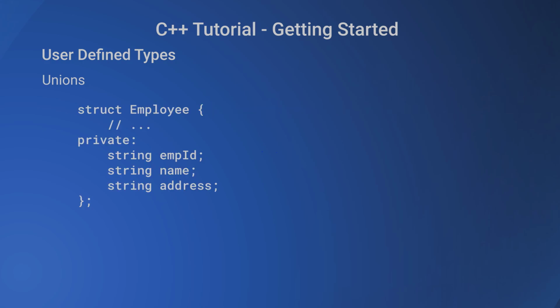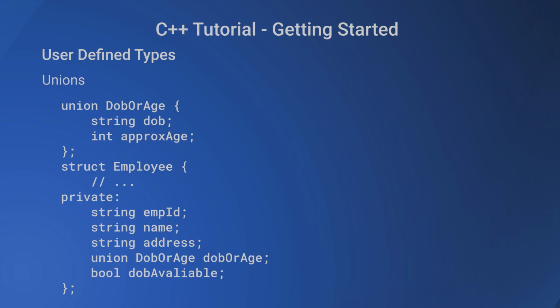For example, in the struct employee, we may wish to add the date of birth of the employee, but for some employees, the exact date of birth is not available, and for that we add approx age. So either date of birth or approx age is added to the struct. We can define union DOB or age, string DOB, int approx age.